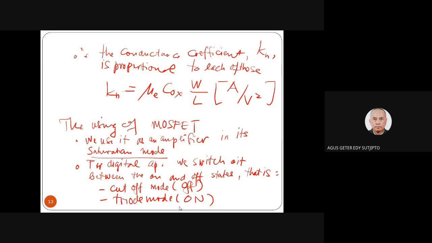We know that on and off is very important in digital, in binary, so we can have the information in the cut off mode and the triode mode. So we can have the digital application, and also as an amplifier, we can amplify the current, dependent on the VGS operation at a certain VDS.